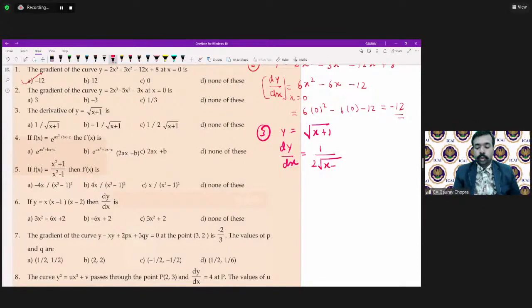It is 1 upon 2 root, whatever is in the root, write it down. Now we have to multiply with the derivative of that root portion, that is the derivative of x plus 1. Now what is the derivative of x plus 1? It is simply 1. So this is the only result: 1 divided by 2 root x plus 1. So this is the result of question number 3.